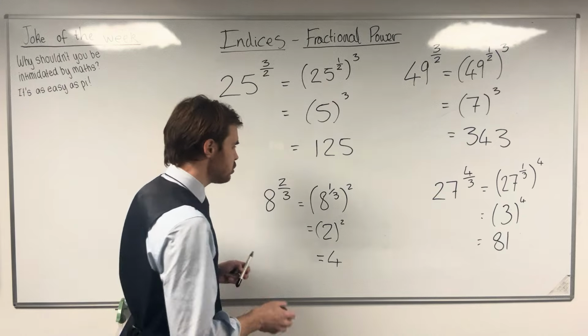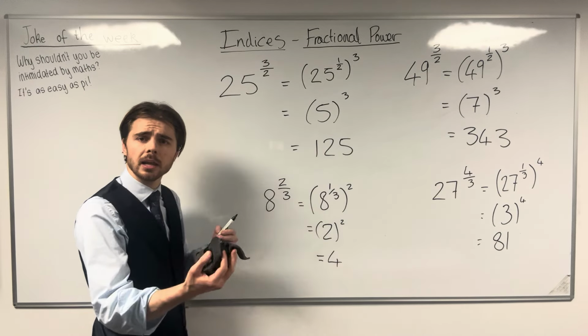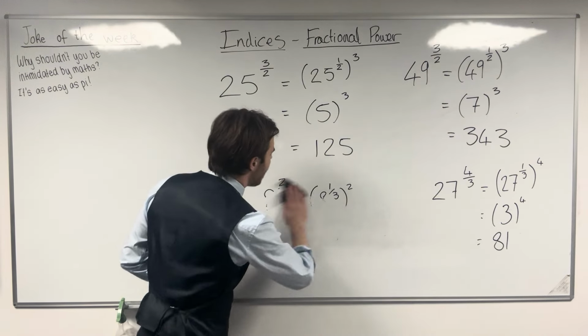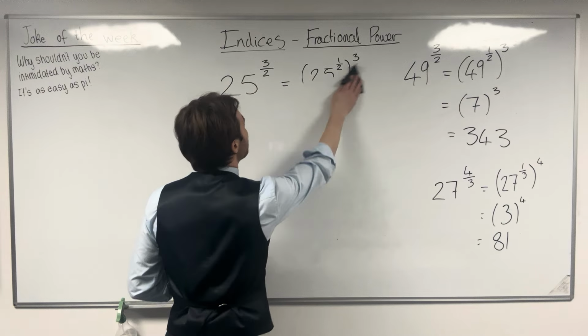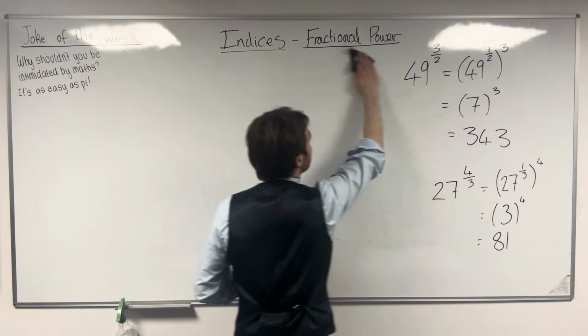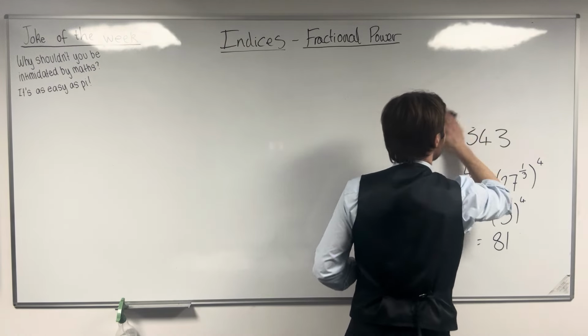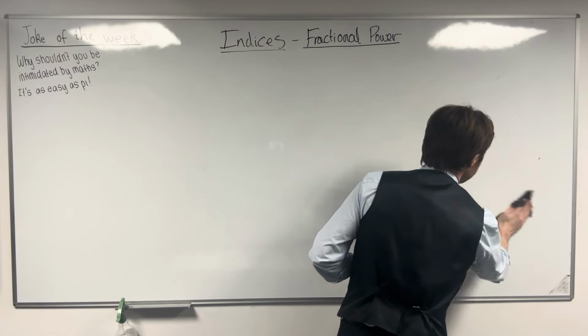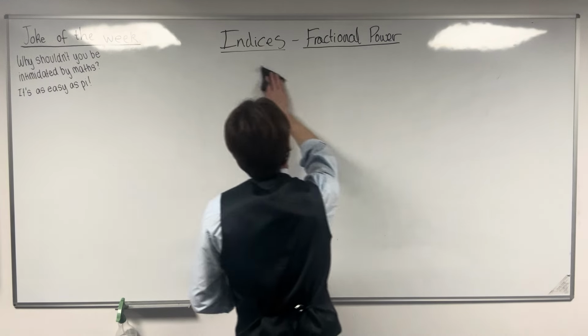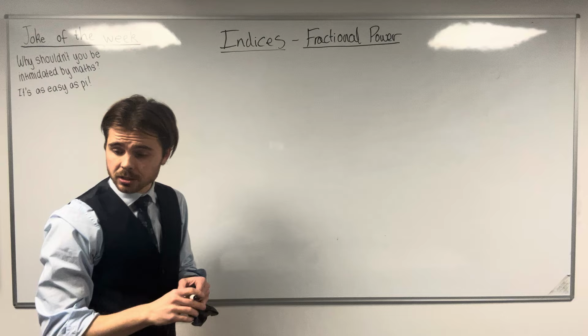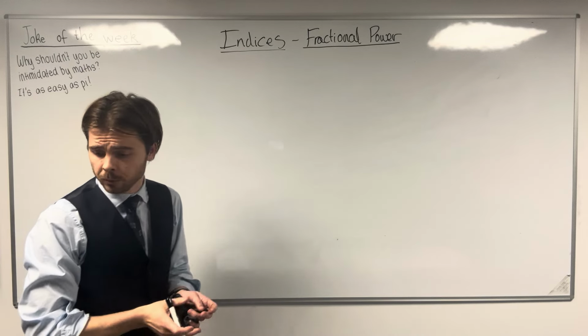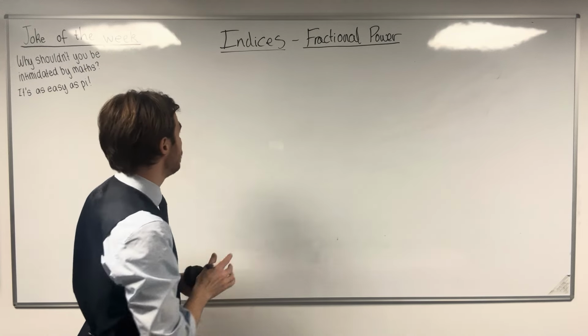Final one I'm going to do, I'm just going to rub everything out. I hope it's been clear so far, is when you are presented with a base number that is a fraction. And this can happen. Sometimes you are given a base number that is a fraction, and in the rare occasions a decimal, but we don't need to freak out. We have to spot when this is happening.